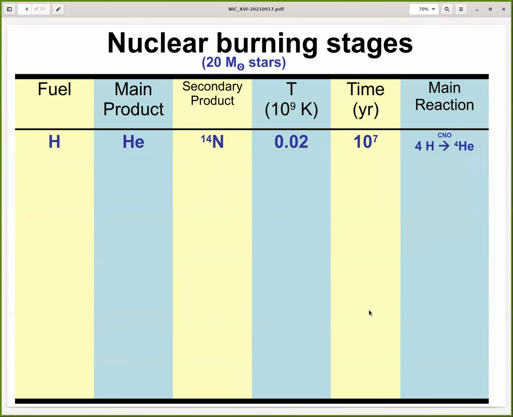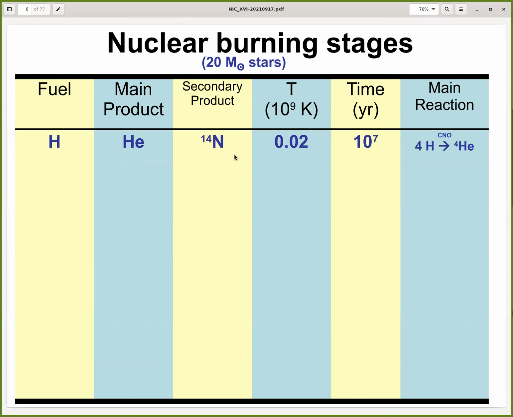Okay, so this is now the first phase, hydrogen burning, and what I will show here is nuclear burning stages for a 20 solar mass star, so a star born initially with 20 times the mass of the sun, with a composition roughly comparable to that of the sun. So about solar composition. So we have a main fuel, which is hydrogen, and a main product, which is helium.